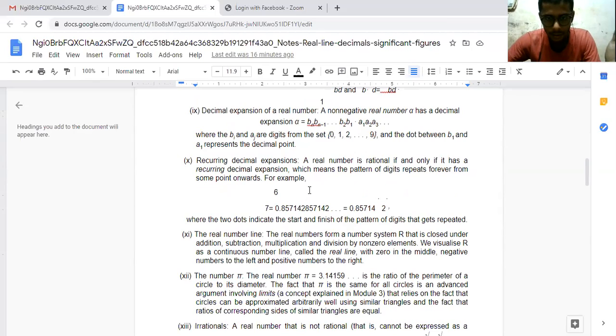If you add 1.2 plus 4.34, let me share my whiteboard again.